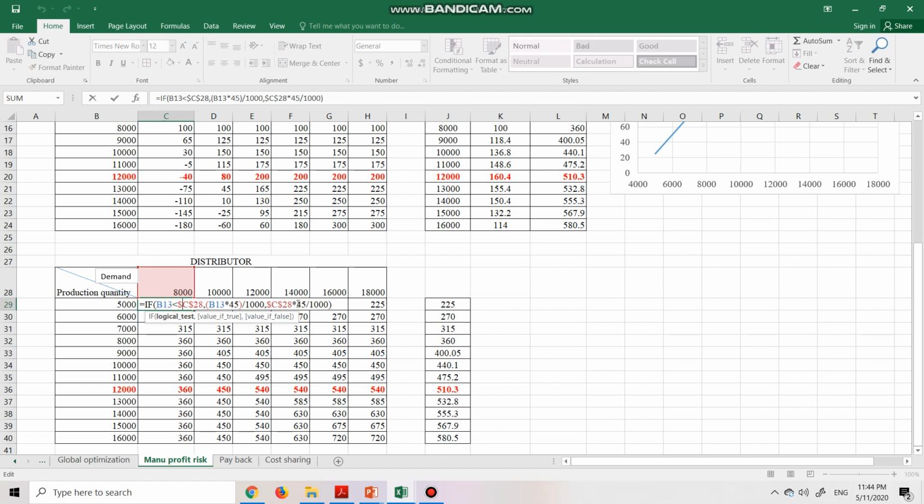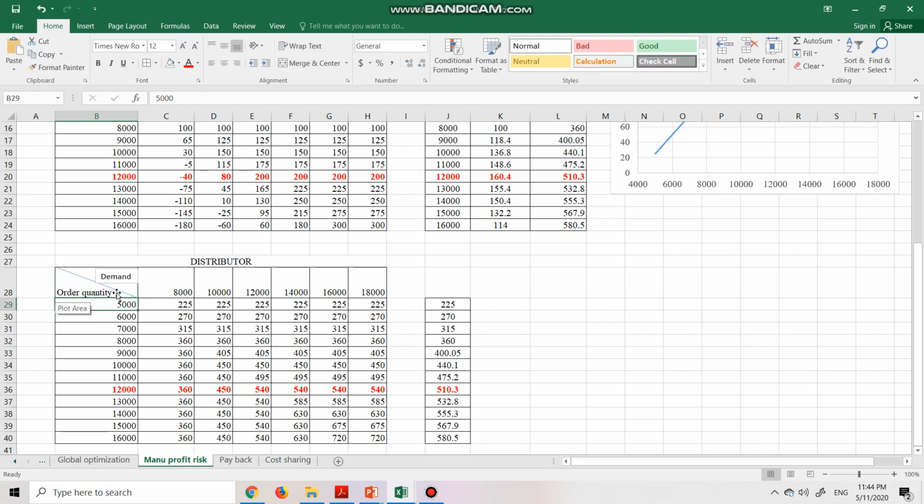It will be easier for the distributor because the distributor doesn't need to take any risk. All the risks belong to the manufacturer. So in the case that the order quantity is less than, sorry, this one should be order quantity. Okay.